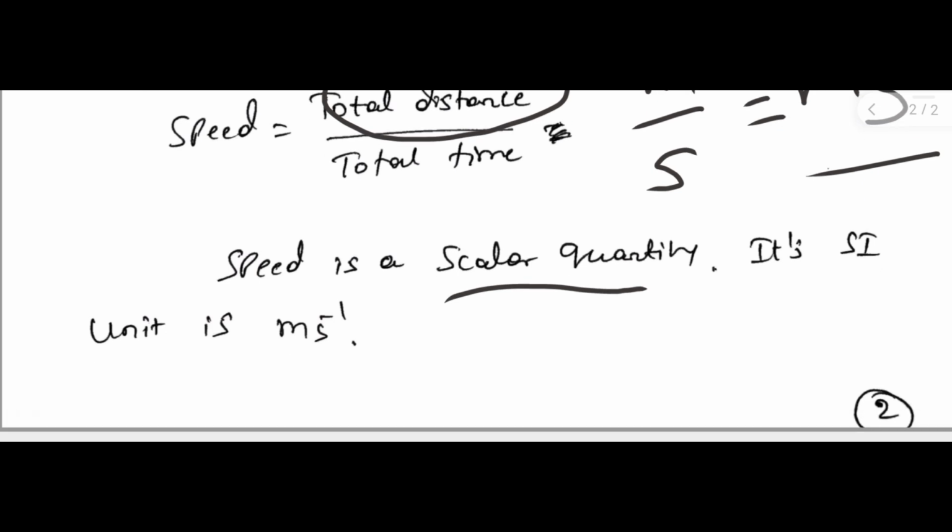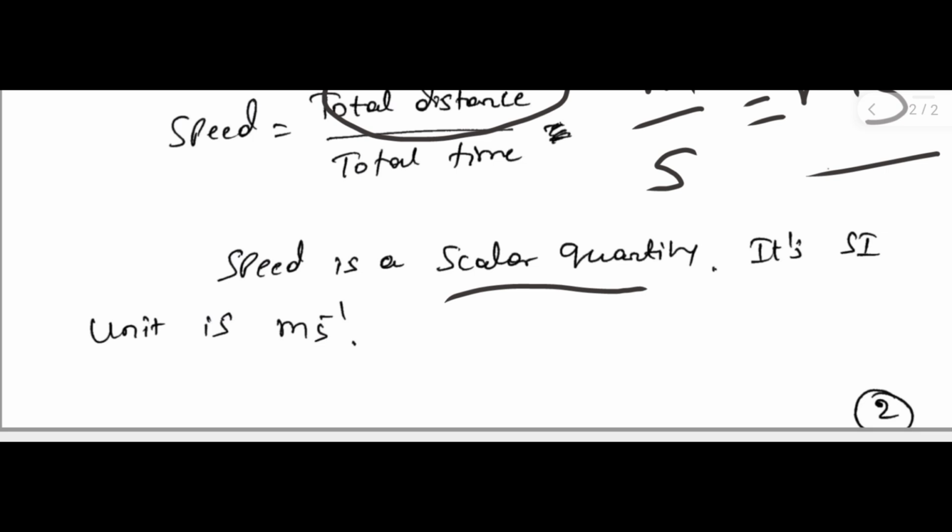Here we are also discussing instantaneous speed and average speed. Speed of a body at a particular instant of time is known as instantaneous speed. For 2 seconds, how much speed the body has, and for another 2 seconds how much speed the body has.